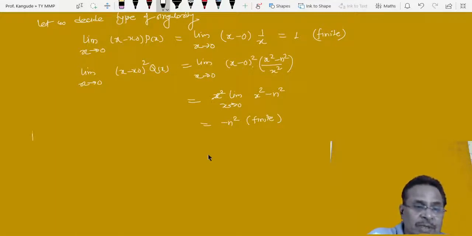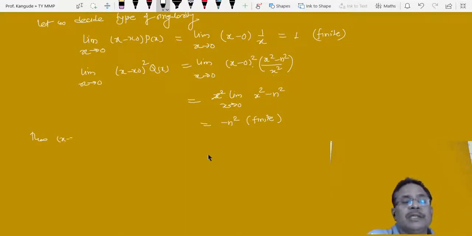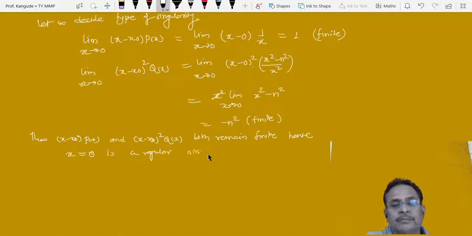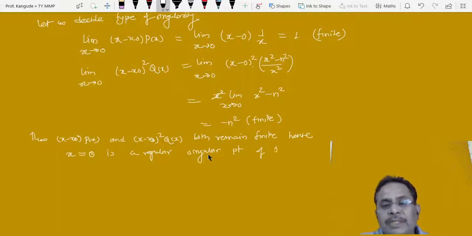Thus, x minus x0 into p of x and x minus x0 square into q of x both remain finite. Hence x is equal to 0 is a regular singular point of Bessel differential equation.